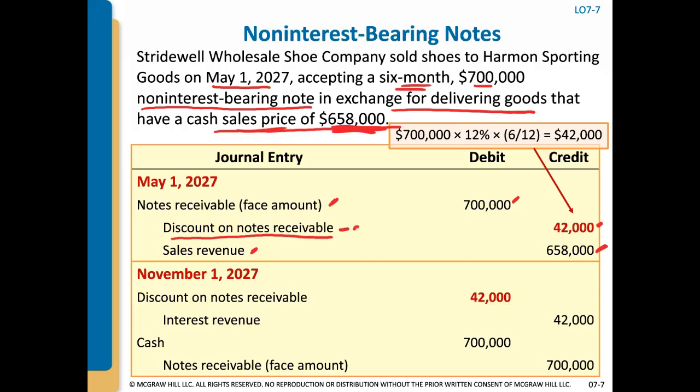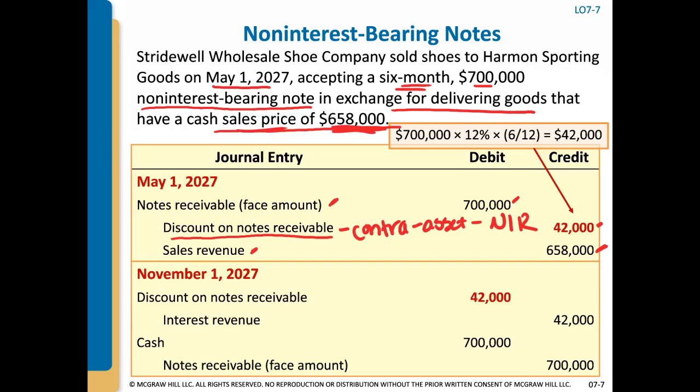This is another new contra account. It's a contra asset account against the notes receivable. And so when you present this on your balance sheet, you would say notes receivable net of discount $42,000, and you present it $658,000.